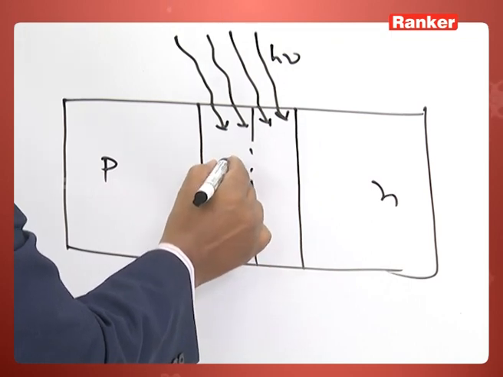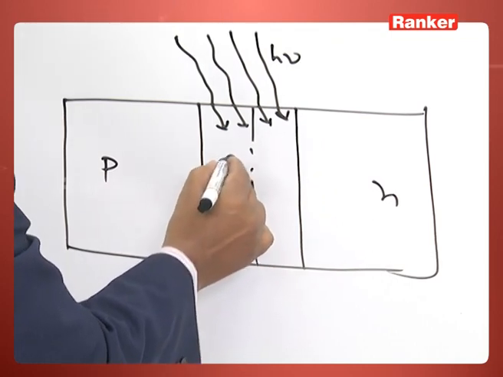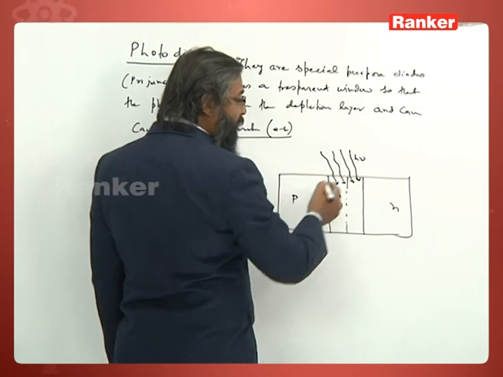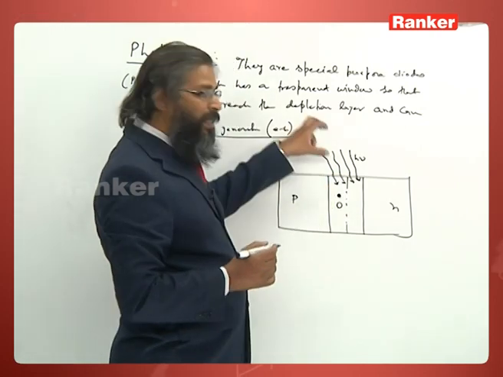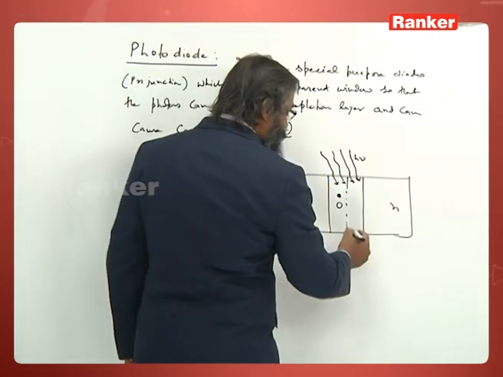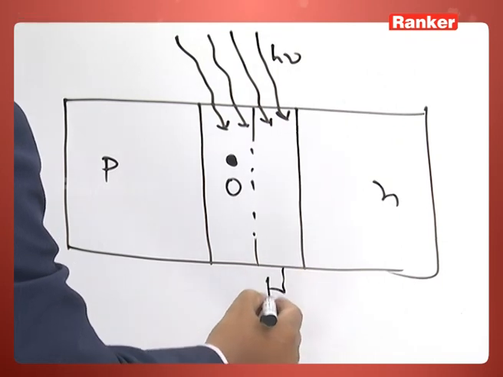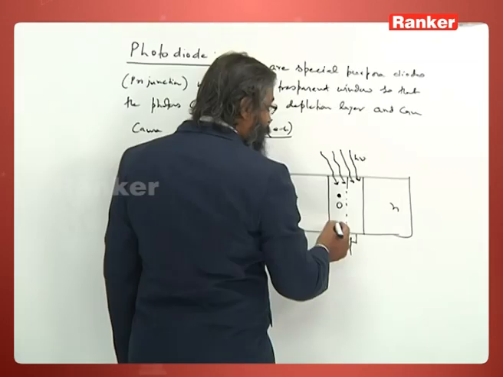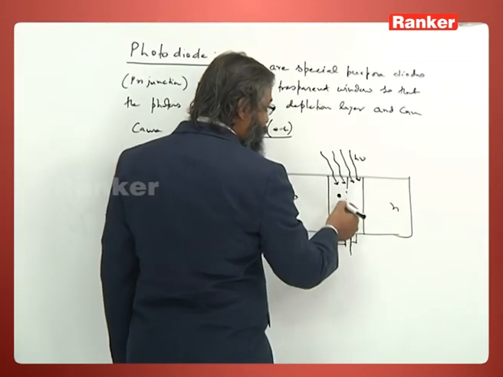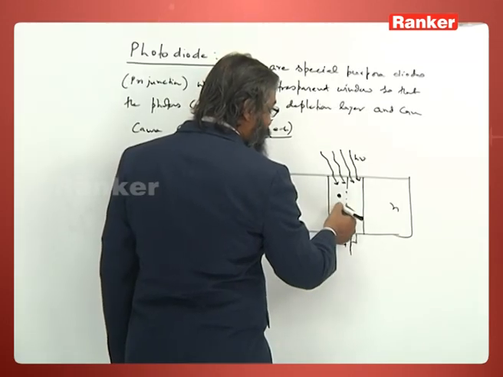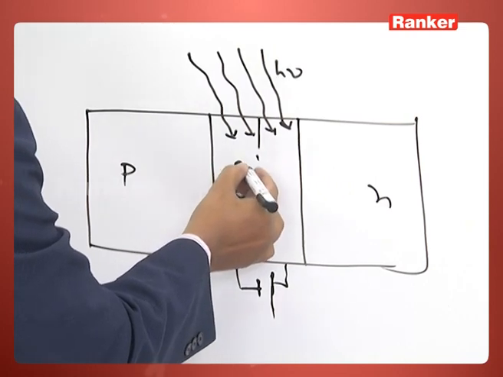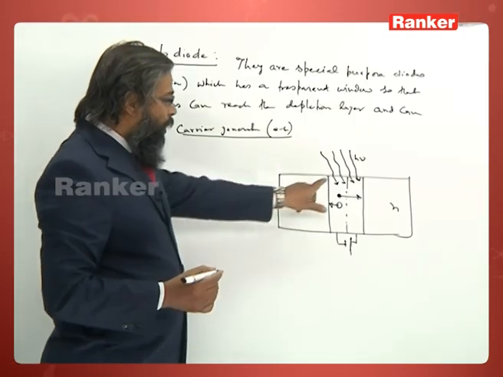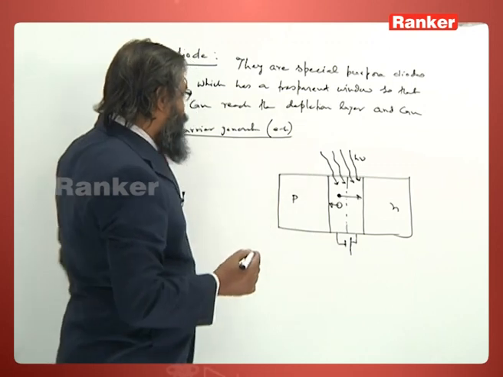This is the electron and this is a hole pair created by absorbing the photon light. There is a potential barrier, high voltage and low potential here, so the electric field is in this direction. In this direction the hole will move here and the electron will move the other way.